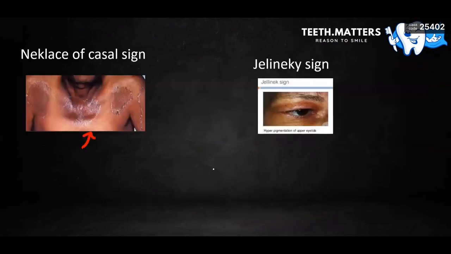Moving further, now this is Casal necklace sign. It is hyperpigmentation occurring in the neck owing to pellagra. Okay, it is seen in pellagra.